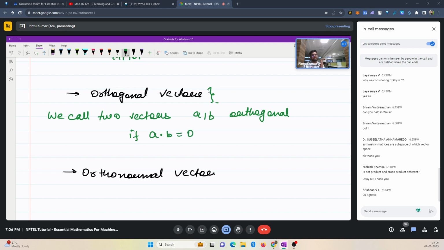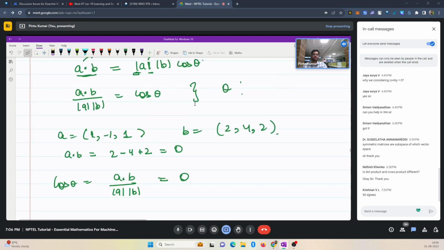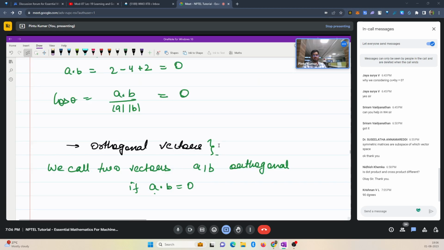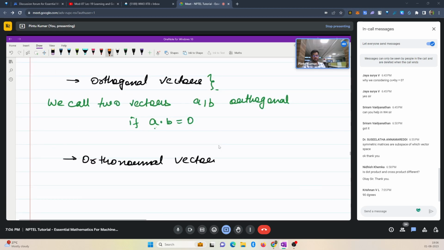If the angle between these two vectors is 90 degrees, then we call the two vectors orthogonal. When the angle between them is 90 degrees, cos theta would be 0, which makes this complete term 0. That's why we simplify or generalize our definition to say that a dot b is equal to 0.